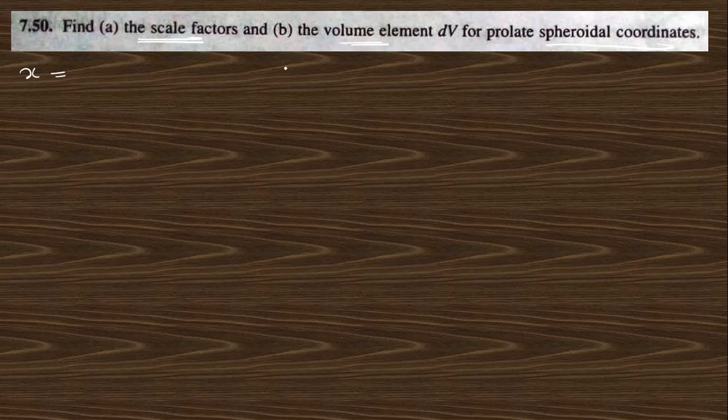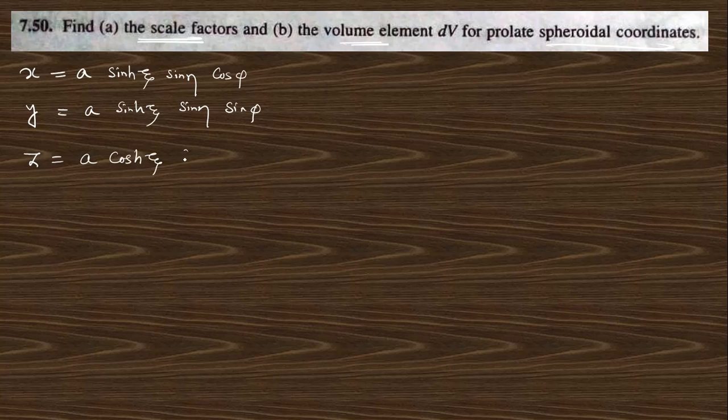Okay, so in the prolate spheroidal coordinates, the transformation will be like this: x equals a sinh xi sin eta cos phi, more or less similar to the oblate spheroid, right? You can see the previous lecture on oblate. y equals a sinh xi sin eta sin phi, and z equals a cosh xi cos eta.